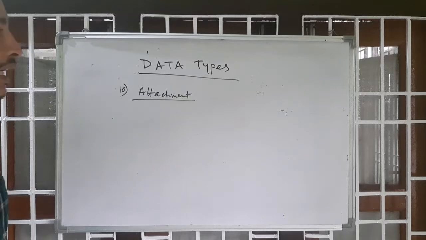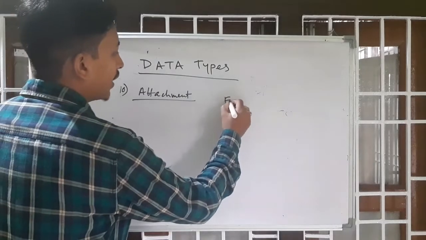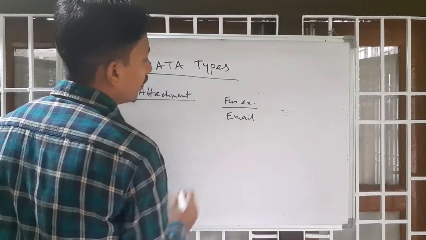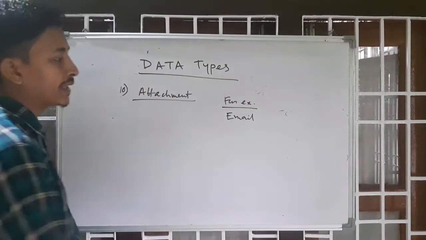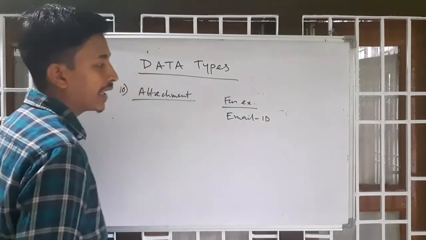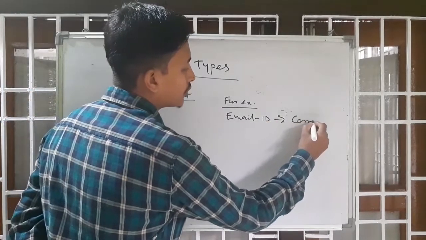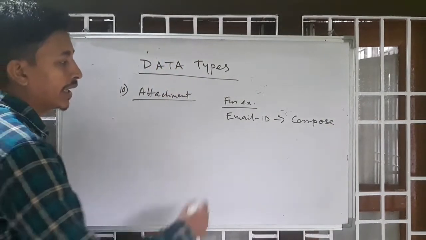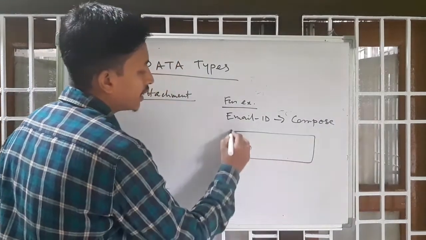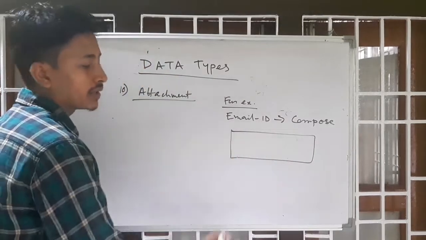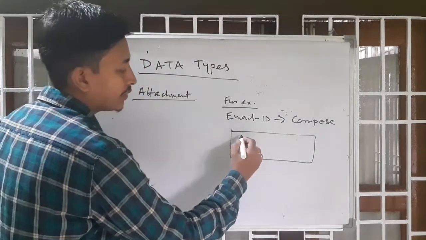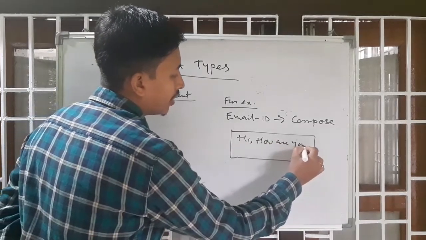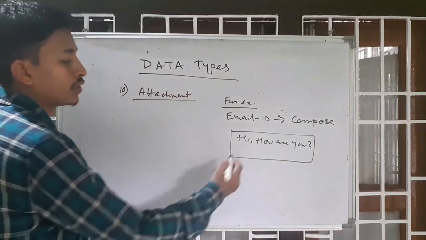For example, when you open your email ID and go to compose, the compose area is the writing area. Here you can write, hi, how are you? After that, you attach a file.